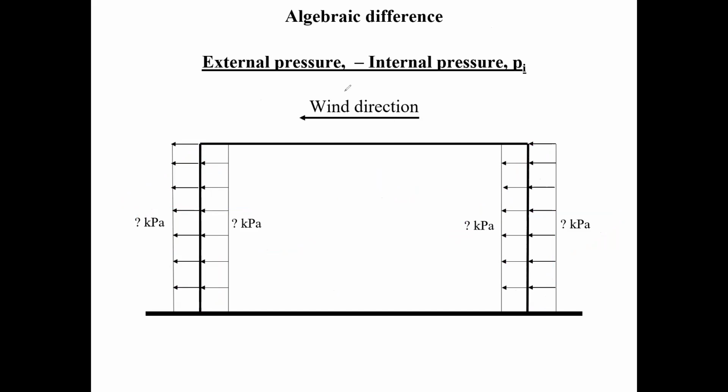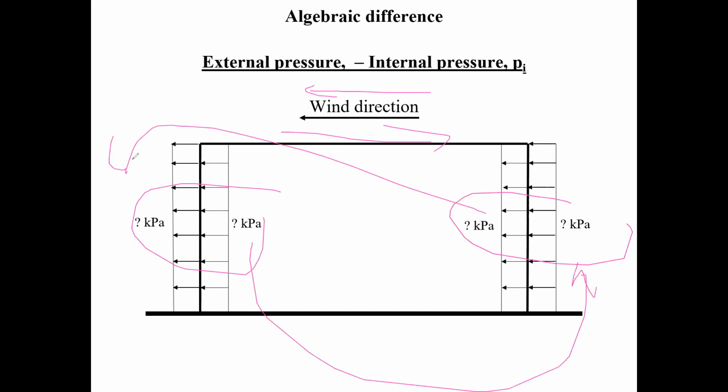Now, the wind's blowing this way. Does the wind only blow in one direction on the house? No. So what happens when the wind blows this way? That means all these values go on this side and all these values go on this side. So what strength should the stud be designed for? The higher one.